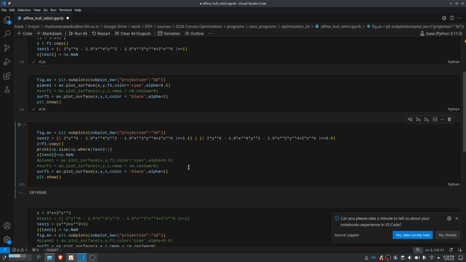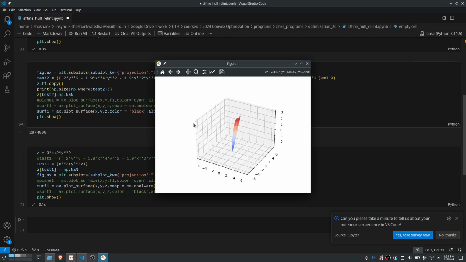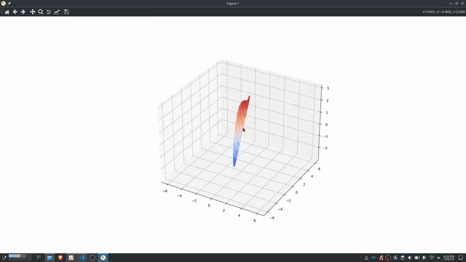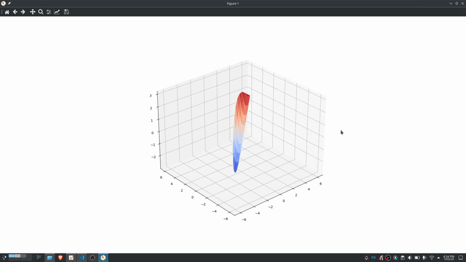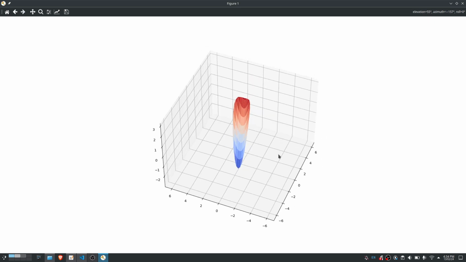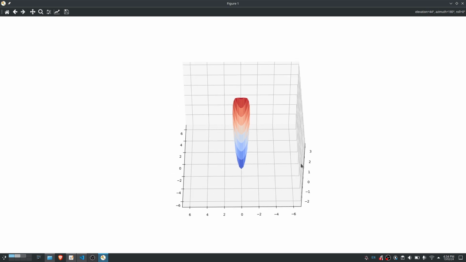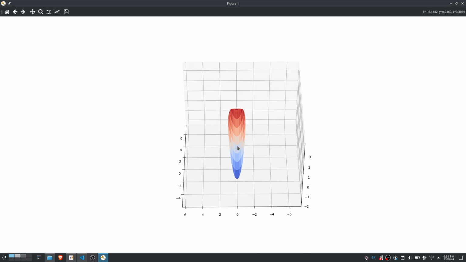Let's look at one other example. I take another sort of piece of paper. Is this set convex? It's not convex.